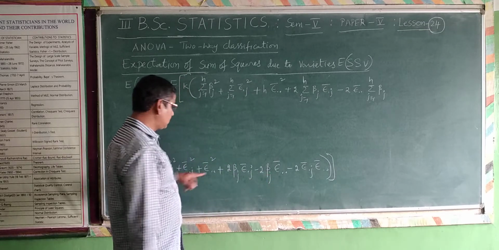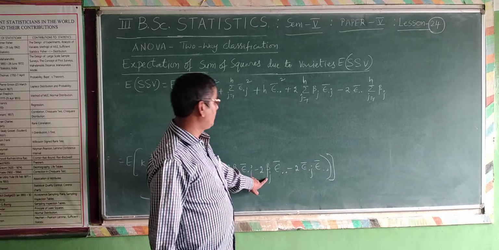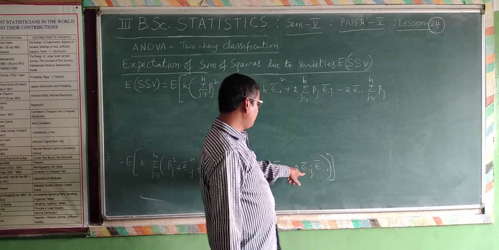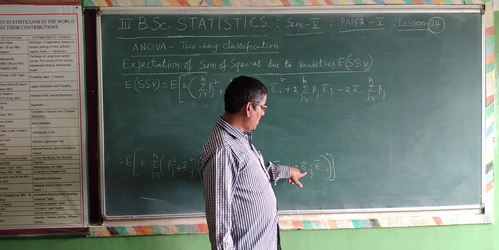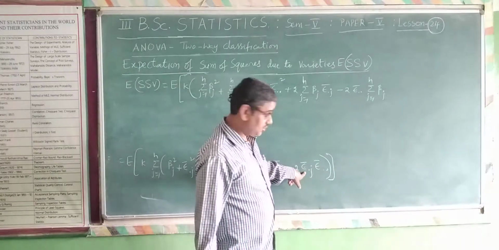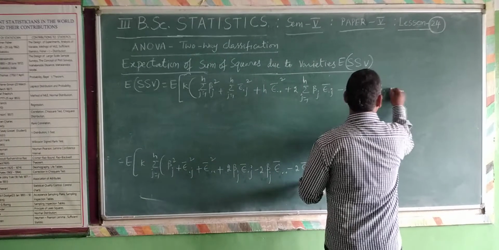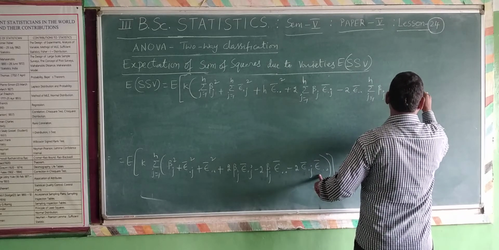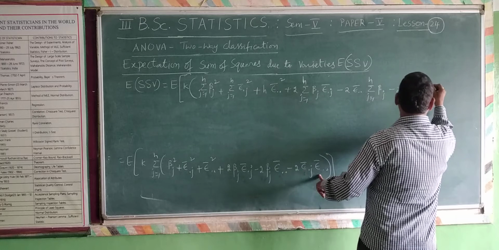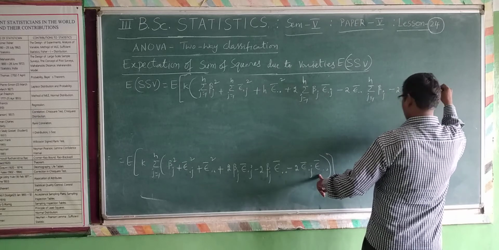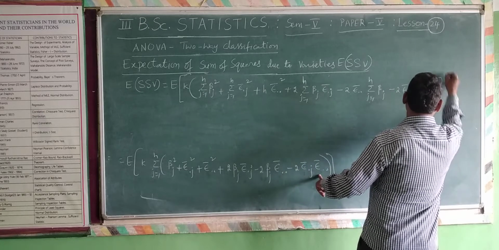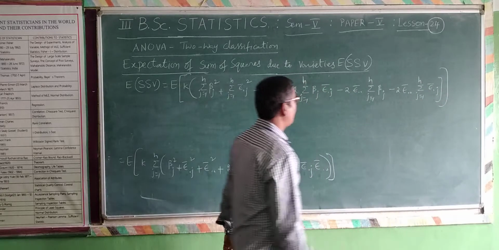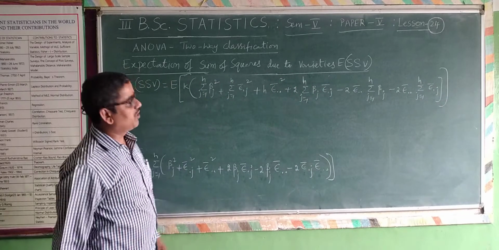And then in the last term, epsilon bar dot dot is a constant and epsilon bar dot j depends on j. Therefore, minus 2 into epsilon bar dot dot multiplied by summation j is equal to 1 to H of epsilon bar dot j. Okay, this is another particular term we have.